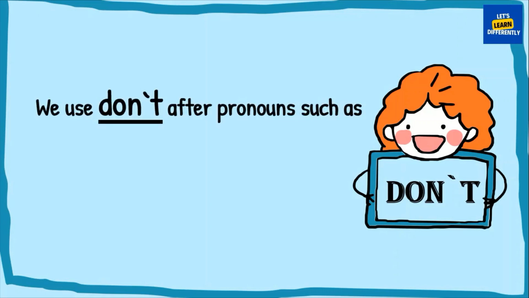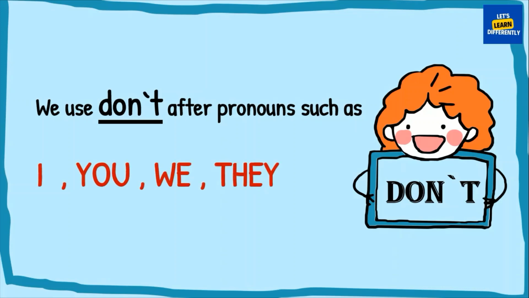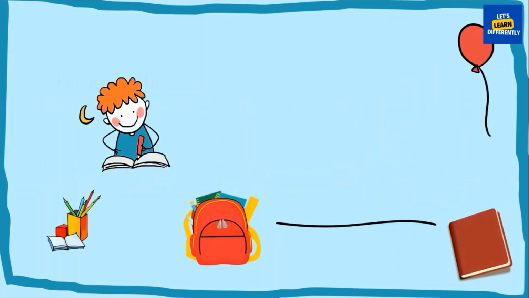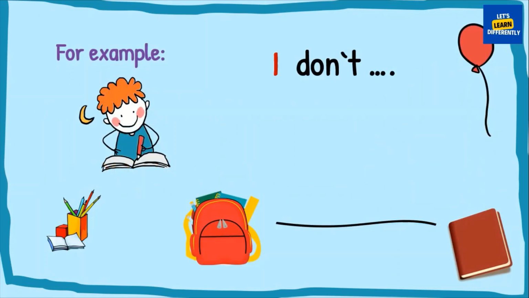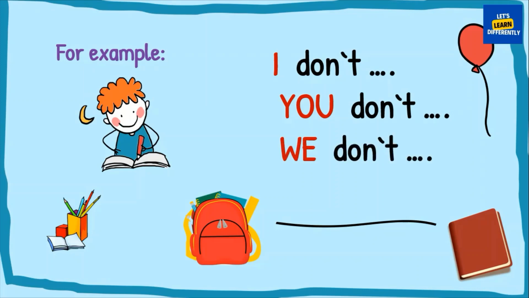Don't. We use don't after pronouns such as I, you, we, they. For example, I don't, you don't, we don't, they don't.